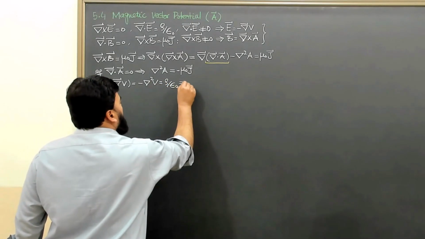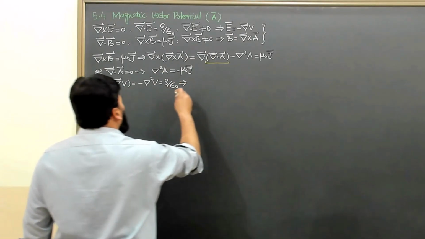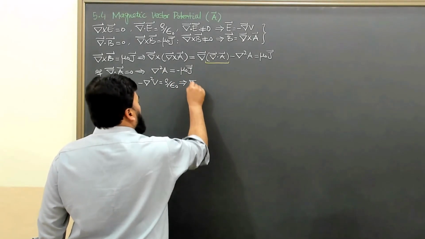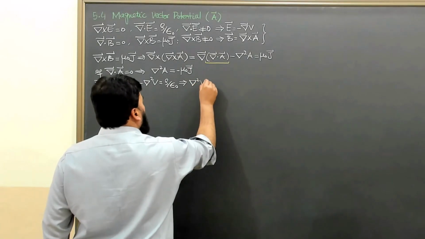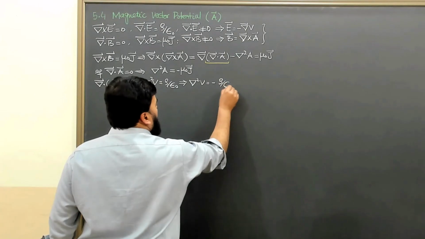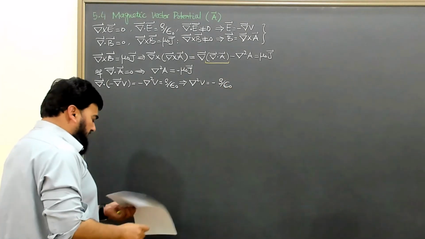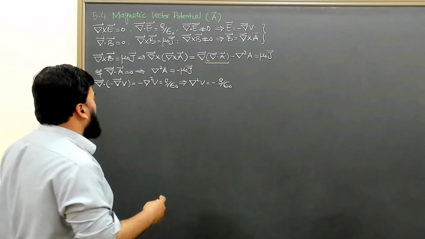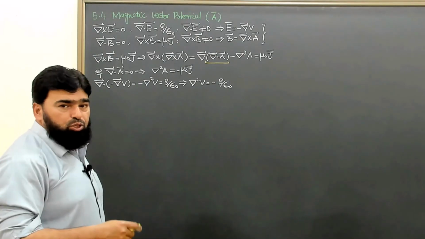So we got an analogous equation: del square V is equal to minus rho over epsilon naught. So look at these two equations, the similarity between the two.